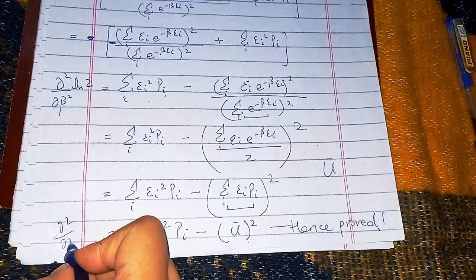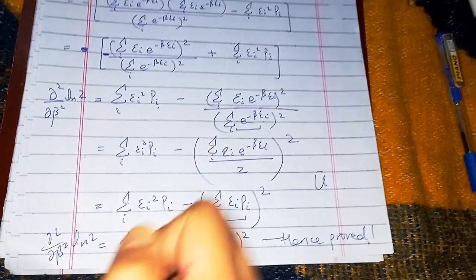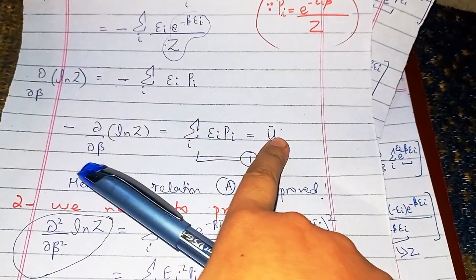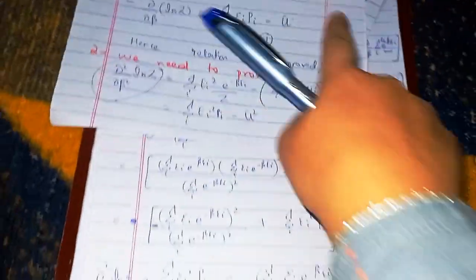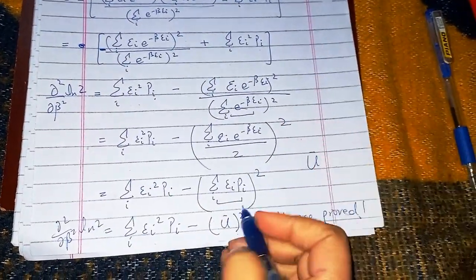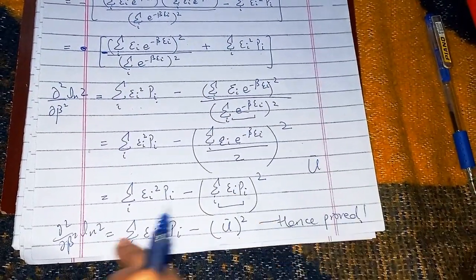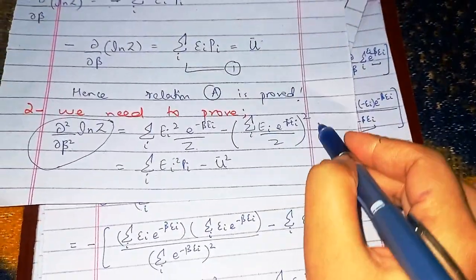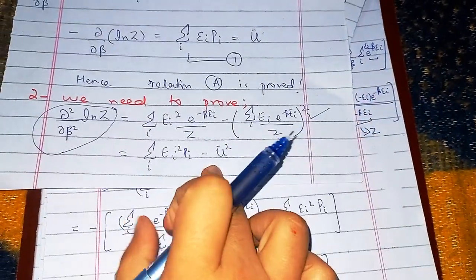All of the relations are proved here. This was the first relation that we proved, that summation ei pi is equal to average energy, and I simply wrote average energy in place of this. You can remove the brackets in the next step, and it's proved. All of the relations were proved meanwhile getting to this form.